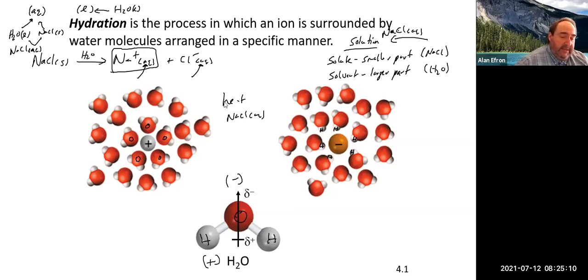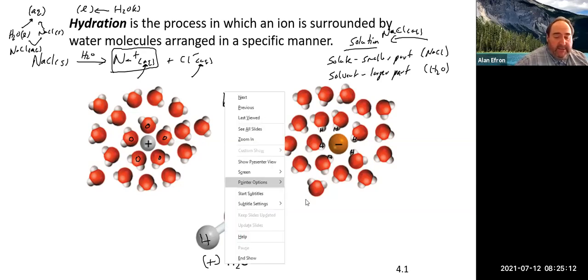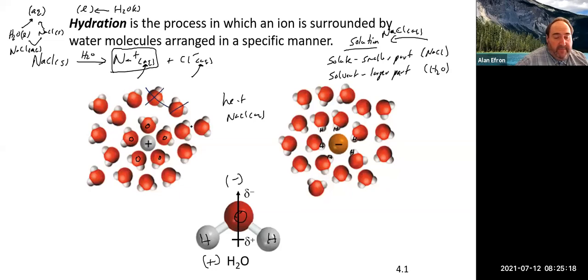As you start heating this solution, you would start evaporating off all the waters. All the waters would come off as steam.